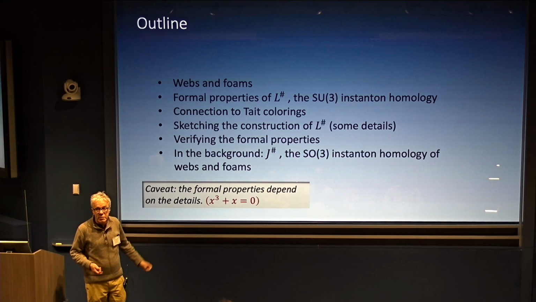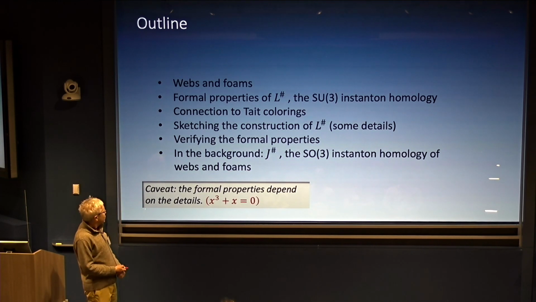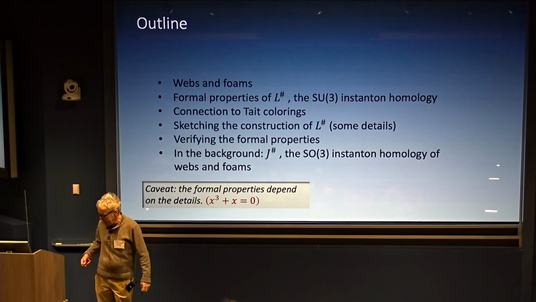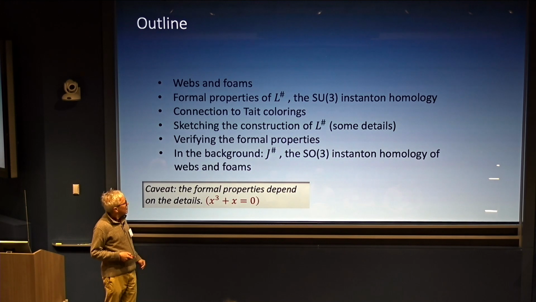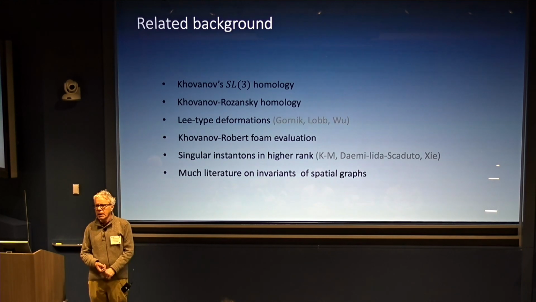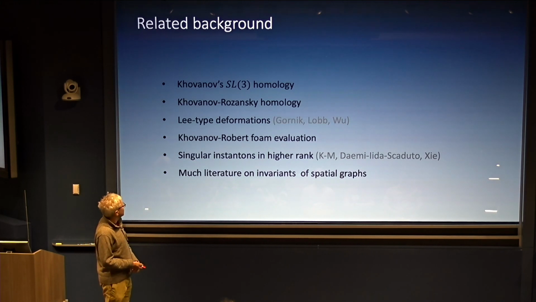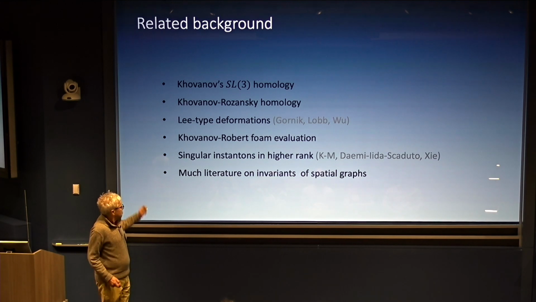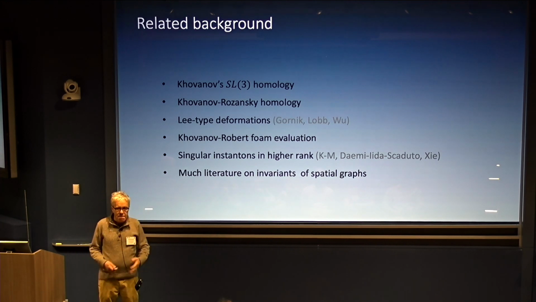I talked about the formal properties in that outline, and then I talked about the details, which I'm not going to say much about. But in fact, an interesting thing is it turns out that the formal properties depend on the details in a, to us, slightly unexpected way. I've put down a small selection of the things which this connects to, and at the bottom there, embedded graphs in 3 space.